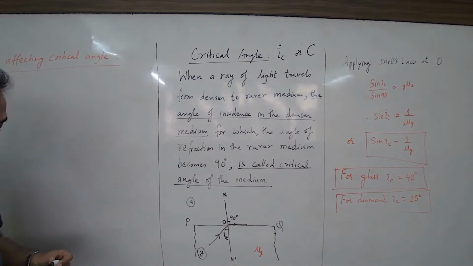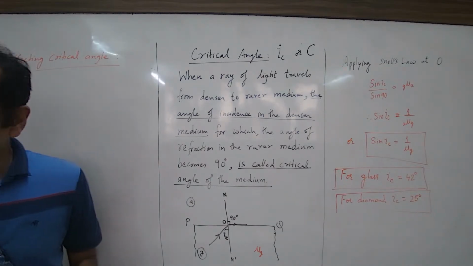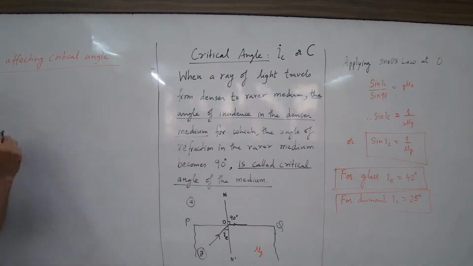So what happens with temperature? The refractive index decreases, right? So since Ic is inversely proportional to refractive index of the medium, I'm just writing mu. Because with absolute refractive index you don't write anything. You just write the medium for which you are discussing critical angle.